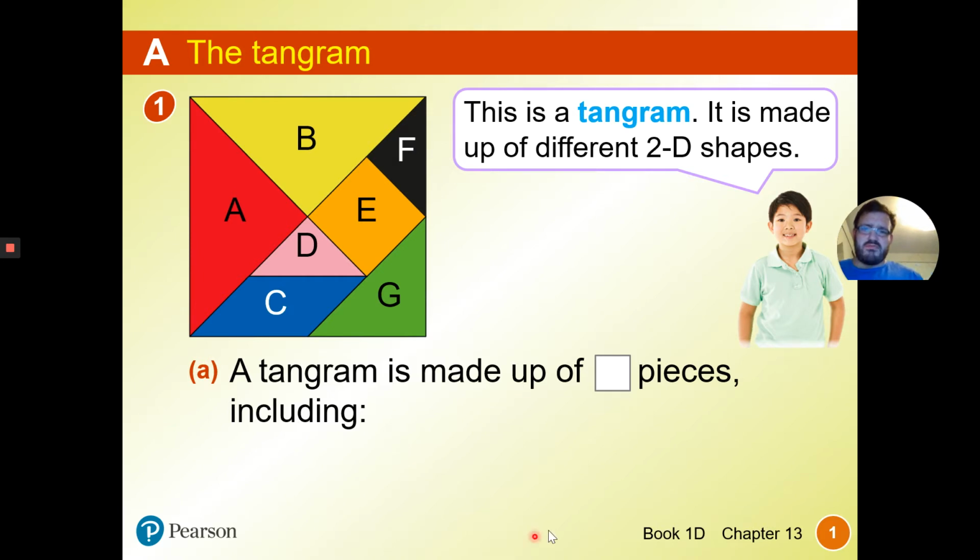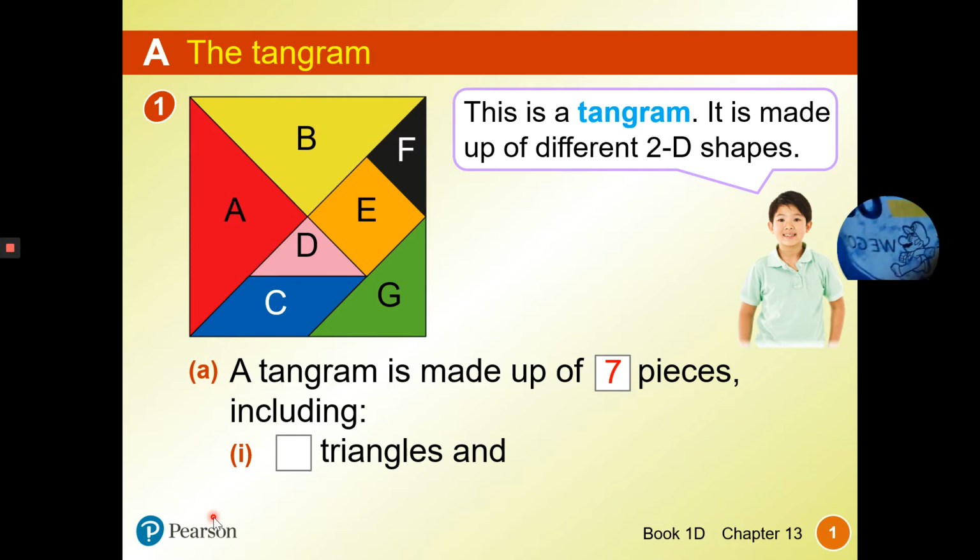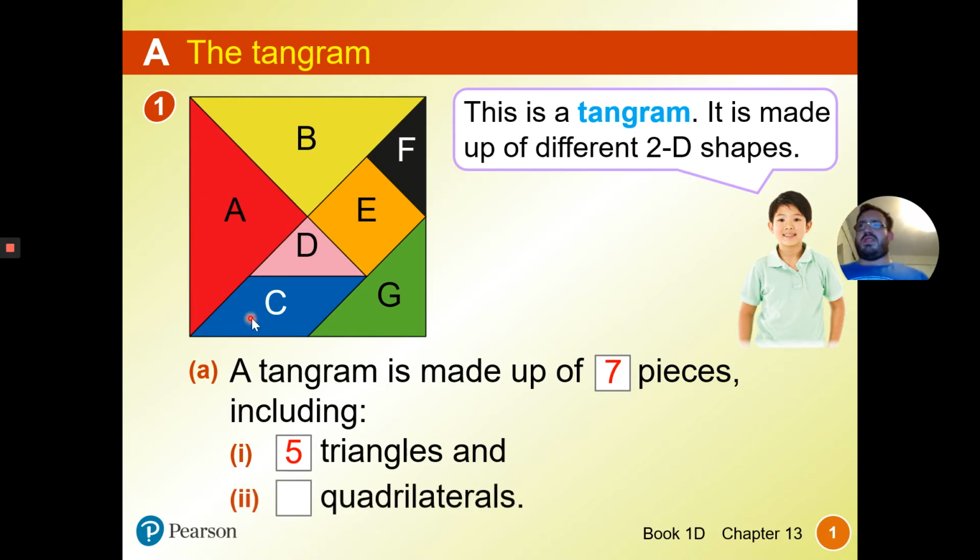Well, that way it's really handy because then when I start adding up the numbers of shapes, I can check how many triangles or how many quadrilaterals I have, and make sure that I end up with the same number. So I have 5 triangles and then I have 2 quadrilaterals. C and E are quadrilaterals.